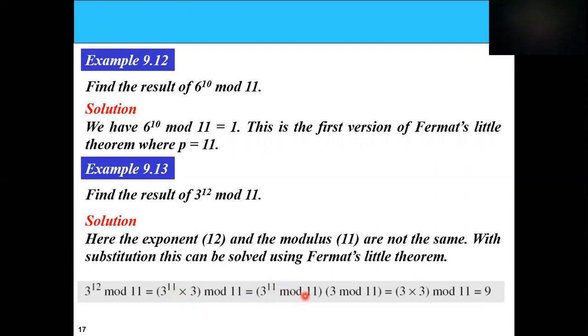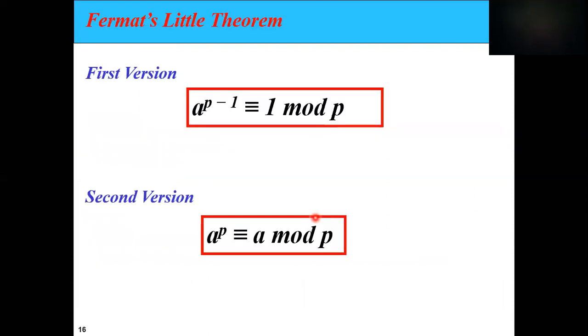Here we can also use the first version, for that we would use 3 to the power 10, but here we just classify 3 to the power 11 like this. If you go back to the last slide, a to the power p is congruent to a.